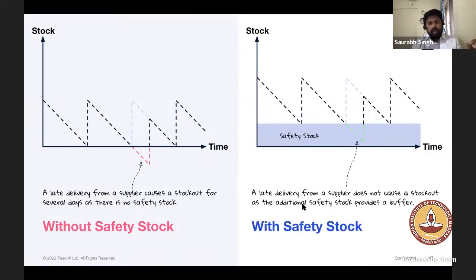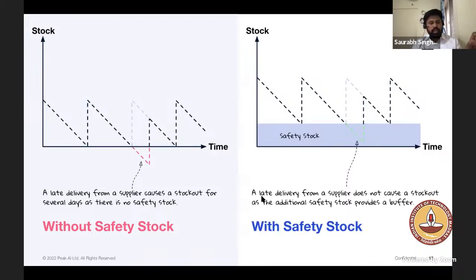Now what if we had some safety stock present in our inventory which caters to these kinds of uncertainties? So you see here, you always maintain some level of safety stock in your inventory, and as you hit that point, you again order for replenishment, right? In a scenario where your order does not come on time, you still have your safety stock which caters to the end customer requirement, hence you are not going stockout, right?